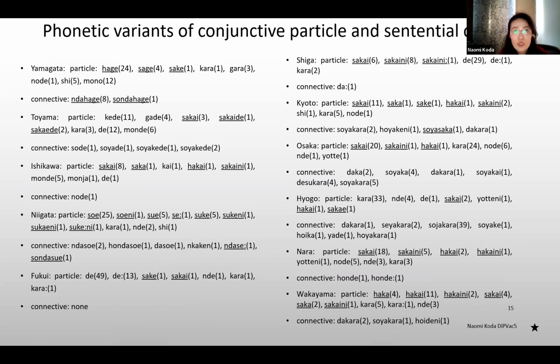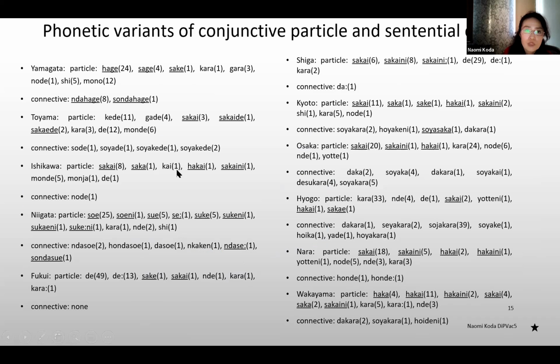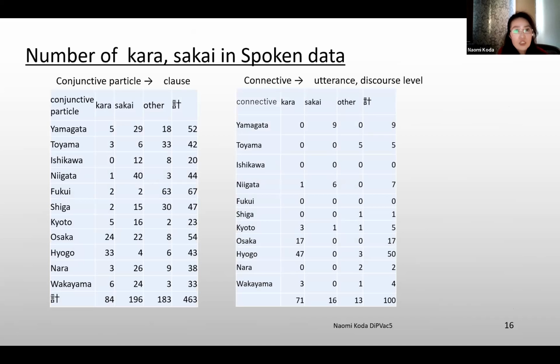This is phonetic variant of conjunctive particle and sentential connective. So in each recorded data, we can find conjunctive particle and sentential connective. This is the number of kara and Sakai in spoken data.